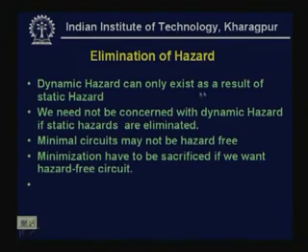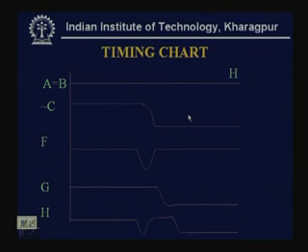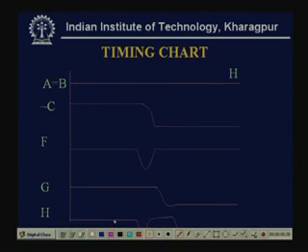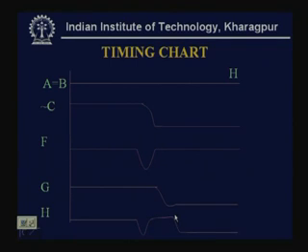So dynamic hazards can only exist as a result of static hazards, and we need not be concerned with dynamic hazards if static hazards are eliminated. So that means in the previous cases, if these glitches are not there, then there will be no glitch in the H also.